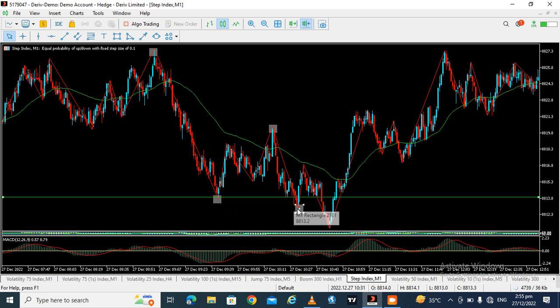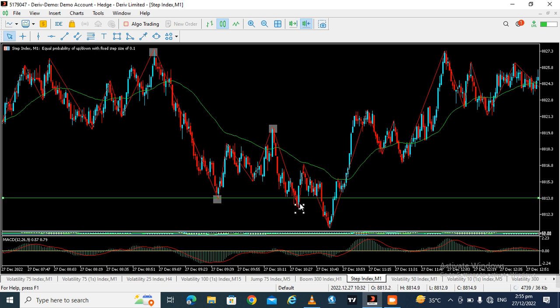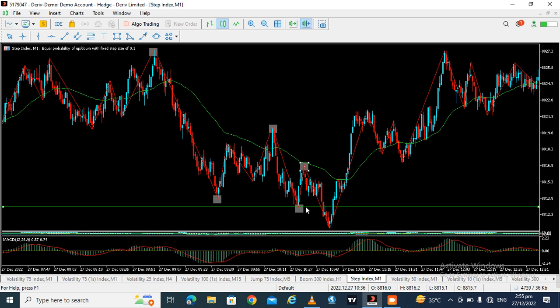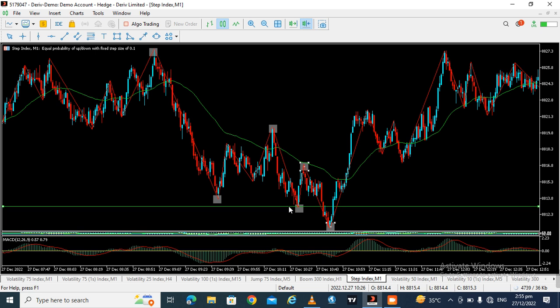This low has been taken away by this low, followed by a lower high formed here. Then again, this low was taken out to form a lower low. So what do we observe from here? We observe that this low has been taken out to form a lower low.